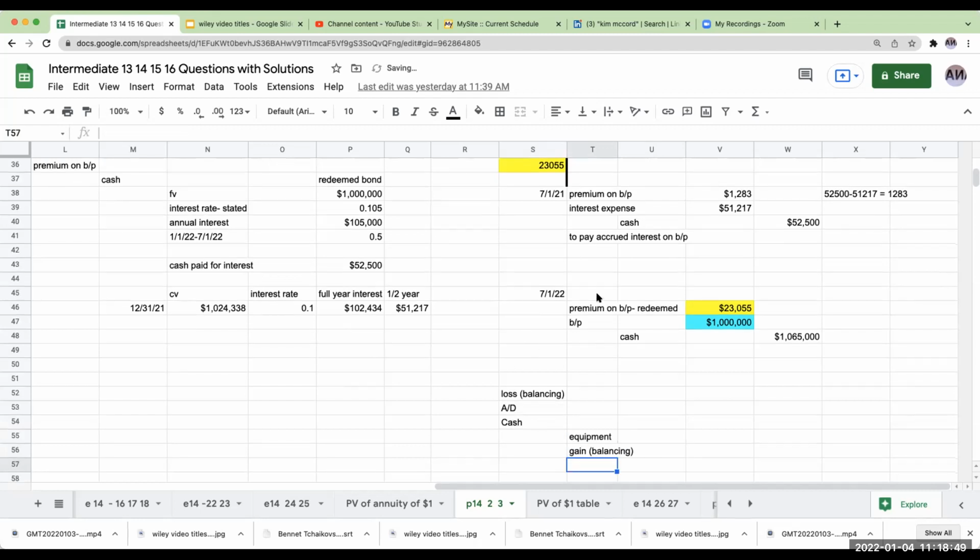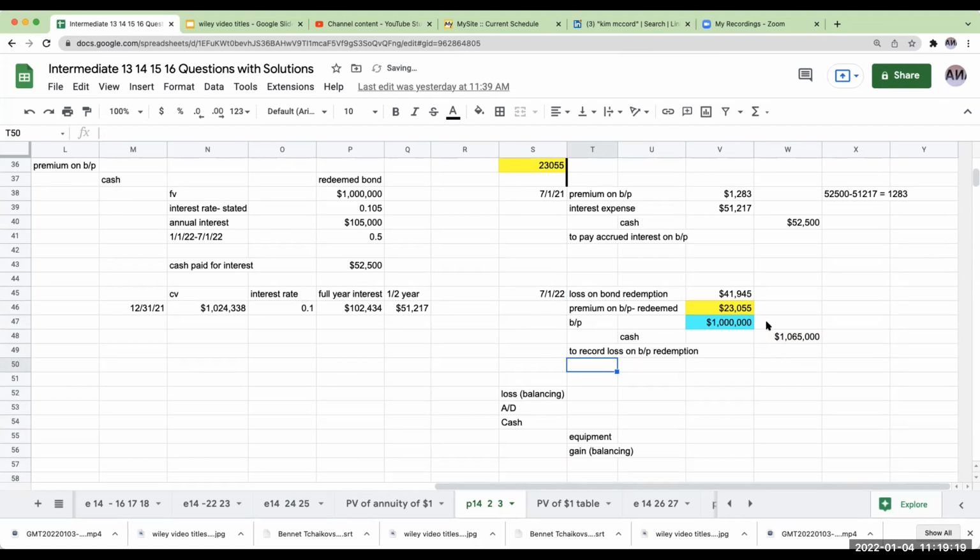If I have a debit that I need to balance, like it is in this case, this is going to be a loss on bond redemption of $91,945. So right over here, I'm going to record loss on bond payable redemption. If I need a debit to balance, it's a loss. Credit is going to be a gain.